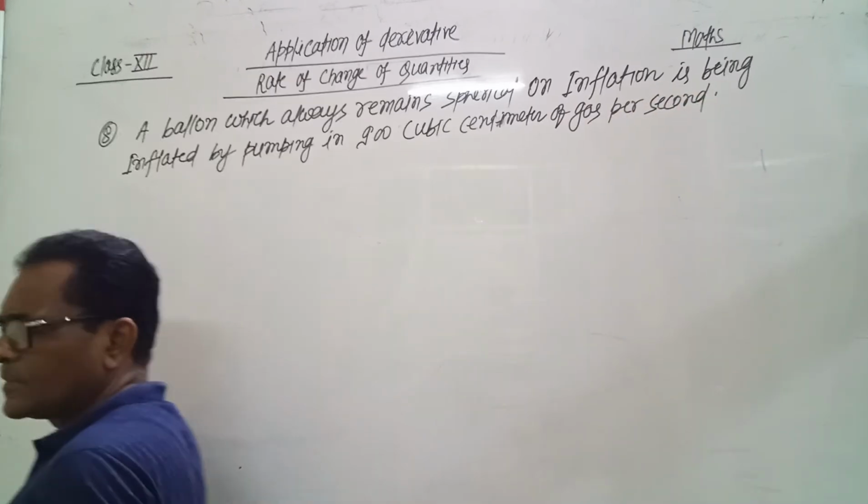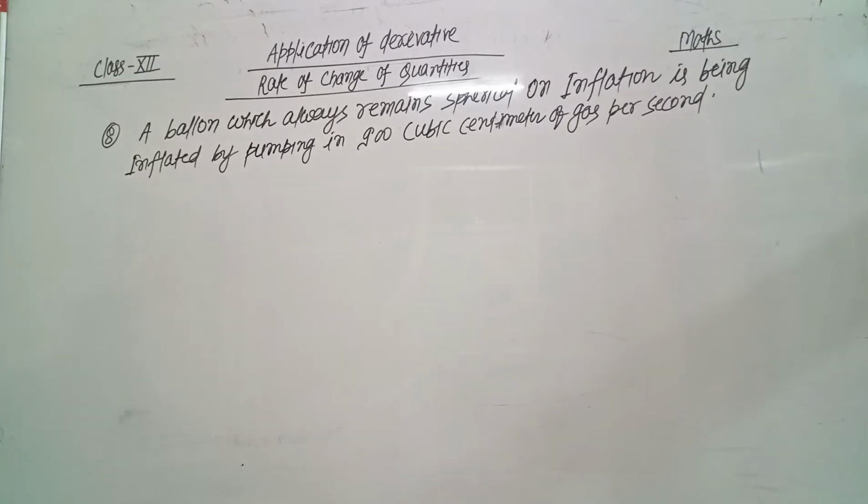The balloon is inflated and its volume, 900 cubic centimeter of gas, is given per second.